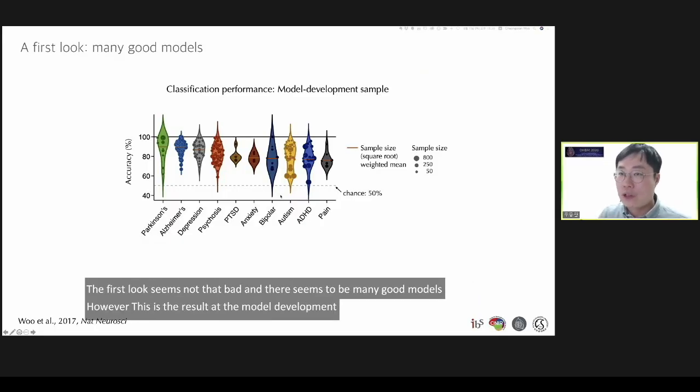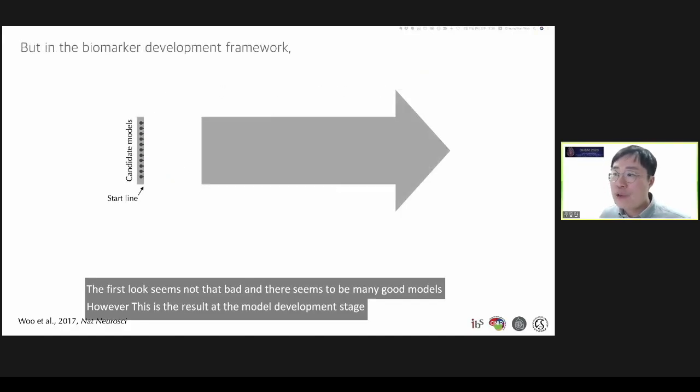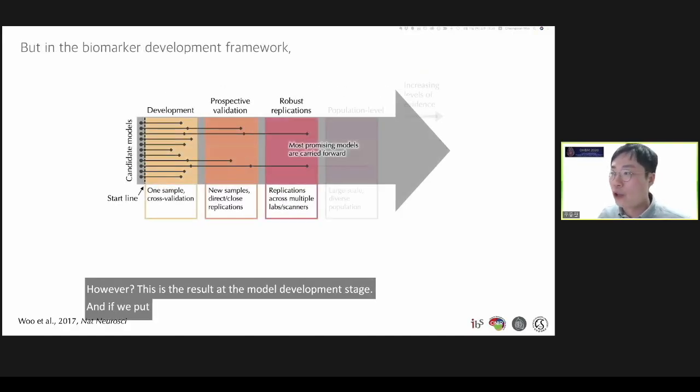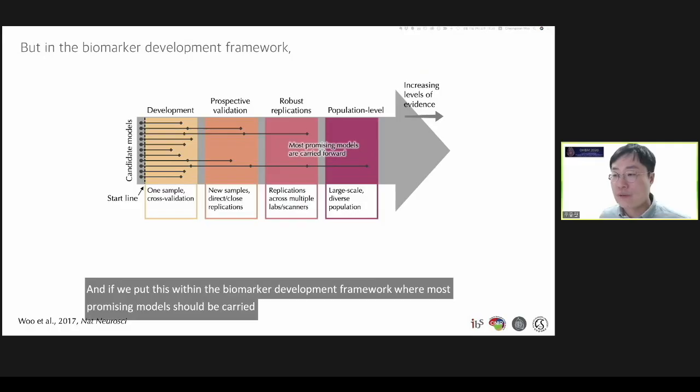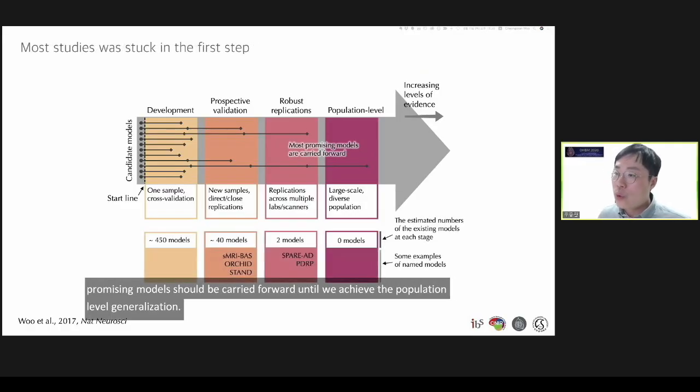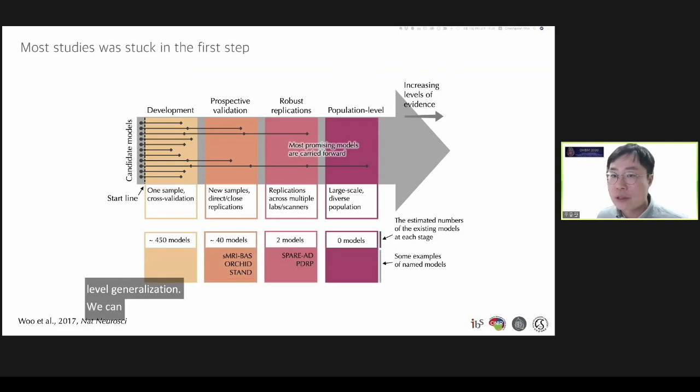That means the results were with training data. And if we put this within the biomarker development framework, where the most promising models should be carried forward until we achieve population level generalization, we can find most of the models are stuck at the model development stage.